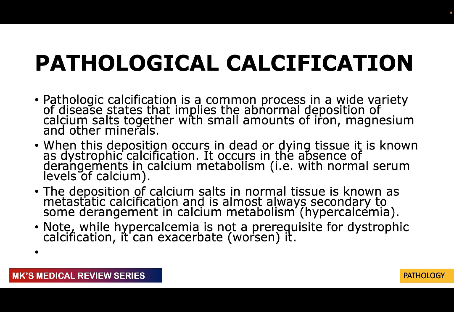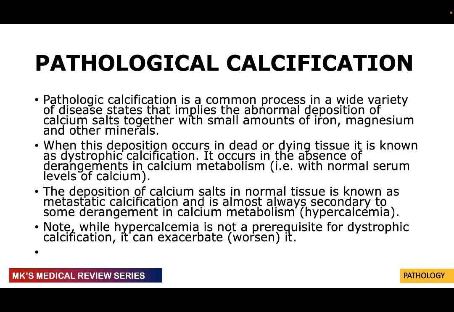It usually occurs even in the absence of a problem in calcium metabolism. They may have normal levels of calcium in their bloodstream, but because tissues are dying, there are a lot of fatty acids present in that area, and remember, these attract calcium through the process of fat saponification, which I talked about in the previous video. This results in these tissues being calcified.